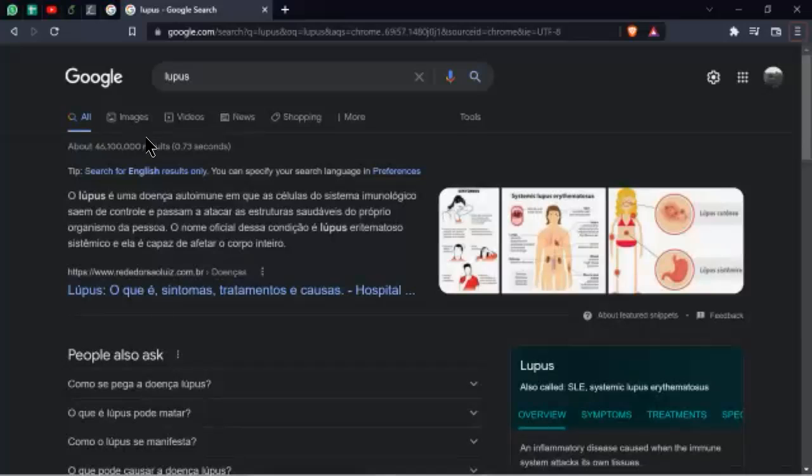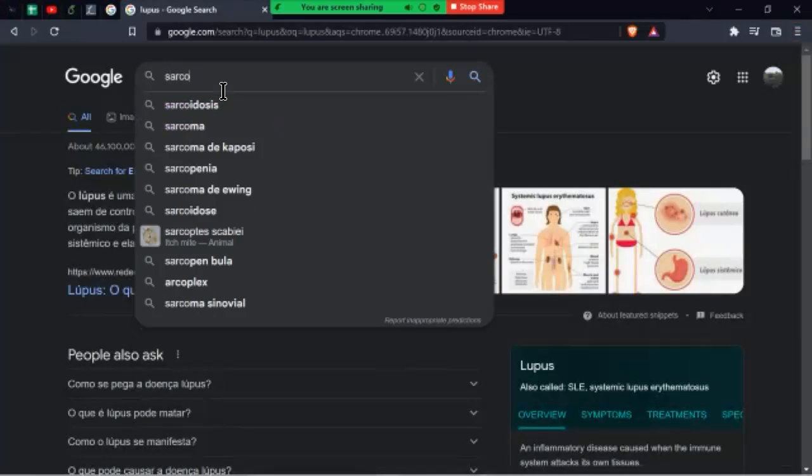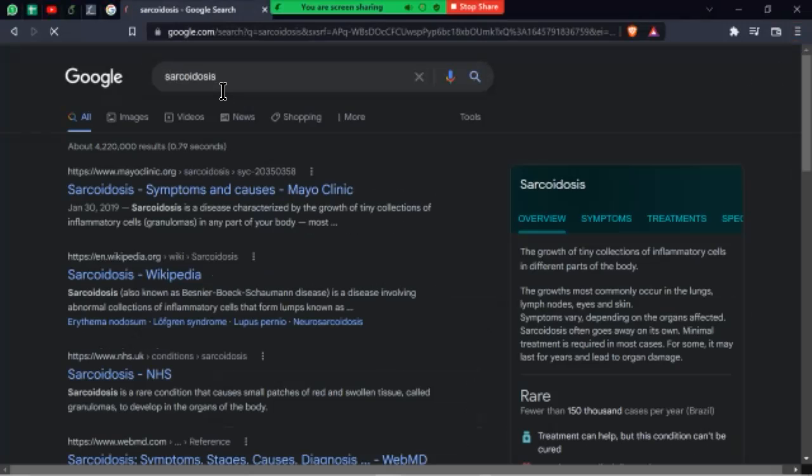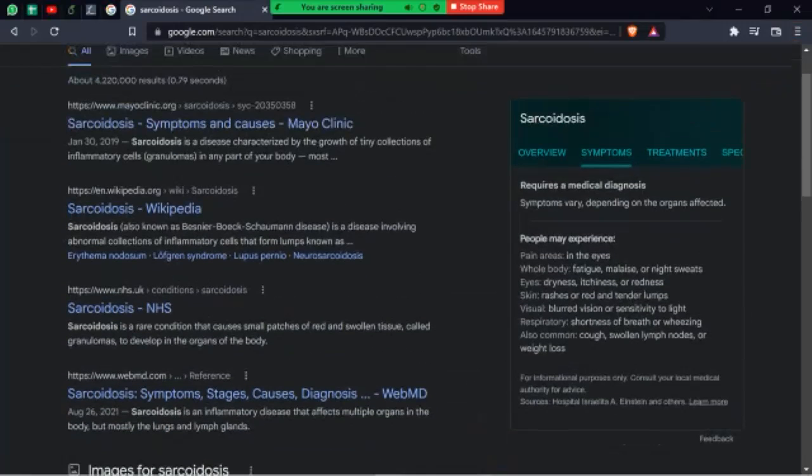Also, sarcoidosis is the growth of tiny inflammatory cells in your body, and the symptoms are you may have a lot of pain in your eyes, fatigue, night sweats, and malaise. And yeah, you can read here.